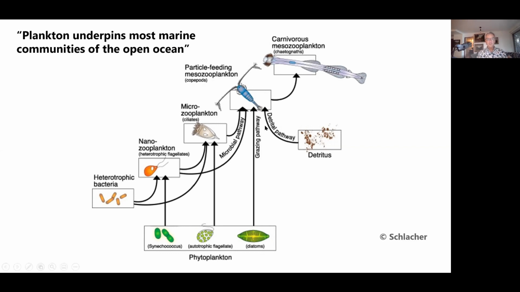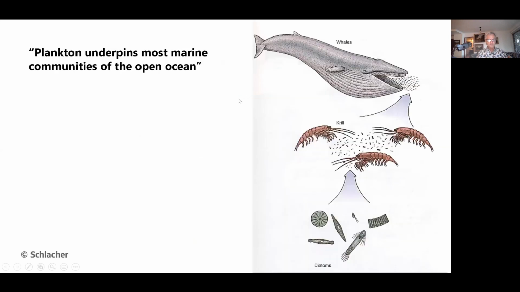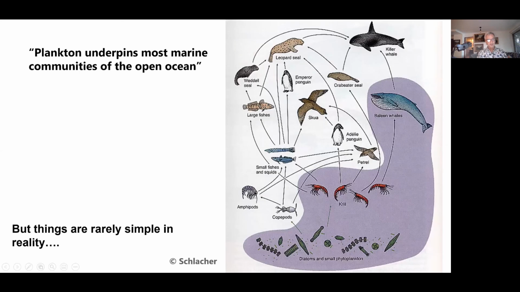And it doesn't really matter which diagram you have. You can have it very, very simple. Here you have a few diatoms, and they get eaten by krill and then straight up to the whales. Or it can be a little more complicated, but the essence is the same.